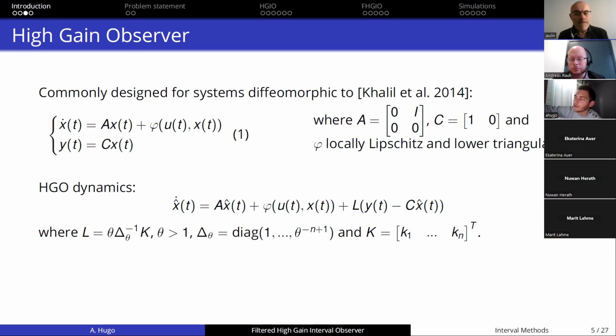I didn't write the dimensions, but here the zeros are not scalars, but blocks of zeros. Okay. And here, for instance, in your x hat dot, the high-gain dynamics, you have x. It should be x hat. No, in the middle, just in the middle of this formula. You're right. Yes. Thanks for the typo. Okay. Right. Okay. Thank you.